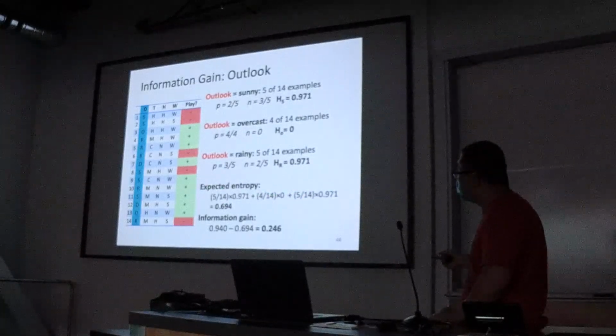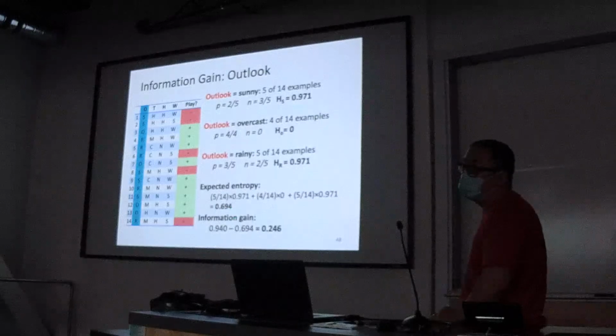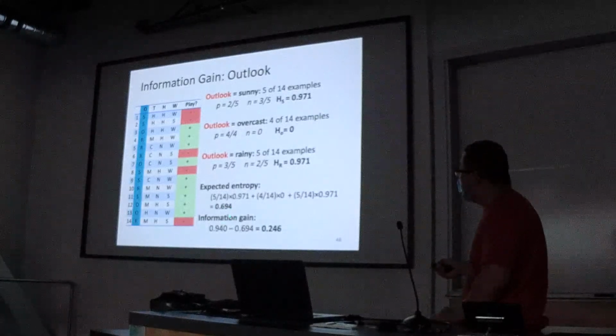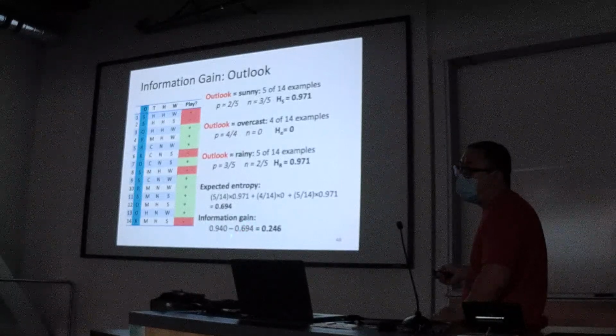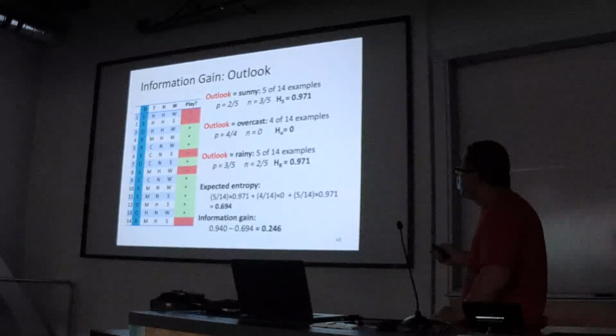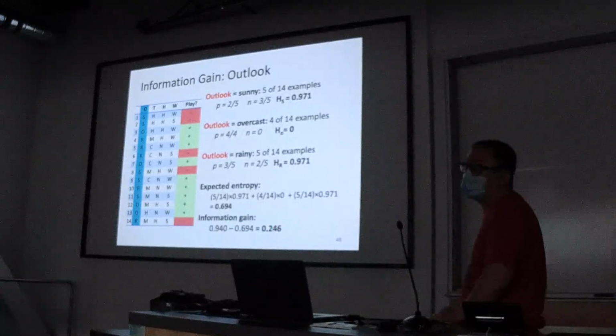You just do this weighted average of the corresponding entropies, and we end up with 0.694. Now the information gain is computed by subtracting the expected entropy of the split subsets from the entropy of the entire data set, and we end up with 0.246.